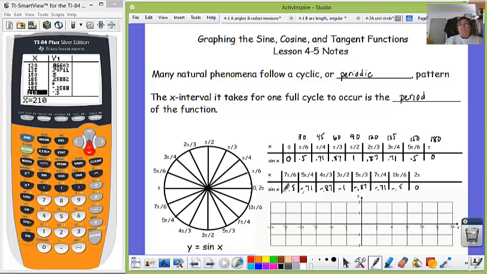All right. So what I'd like us to do is just plot one cycle of this. And on the graph paper that I put in your notes, each of the increments here is a half pi. And in the y direction we go from 2 to negative 2. So we're going to start with one cycle of the sine, and at 0 the sine is 0.